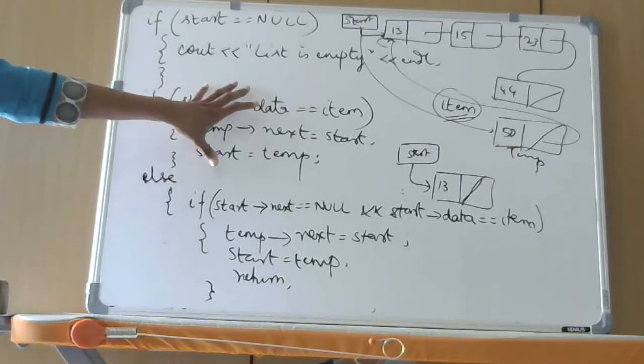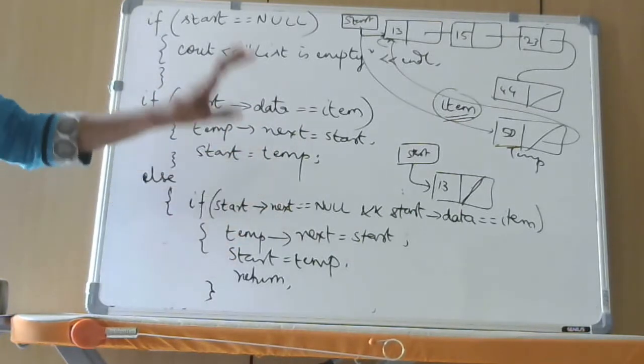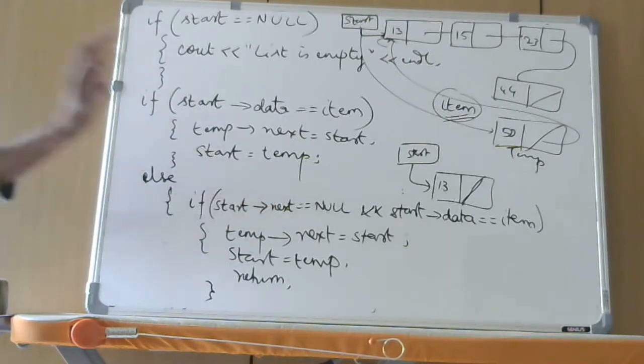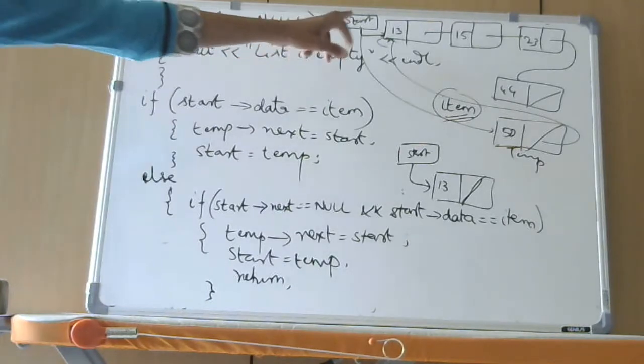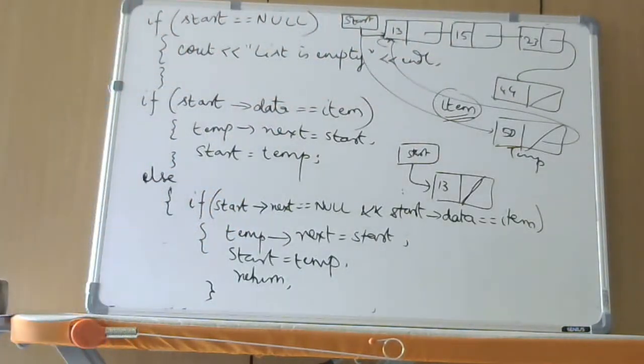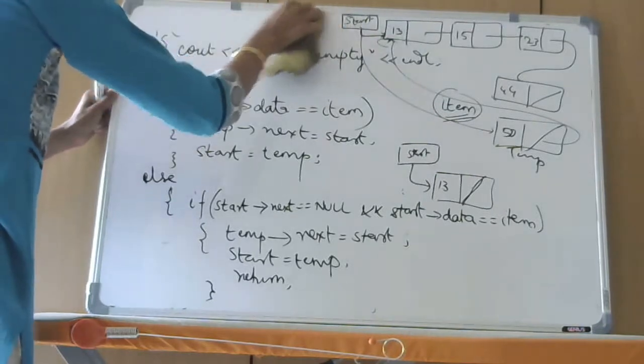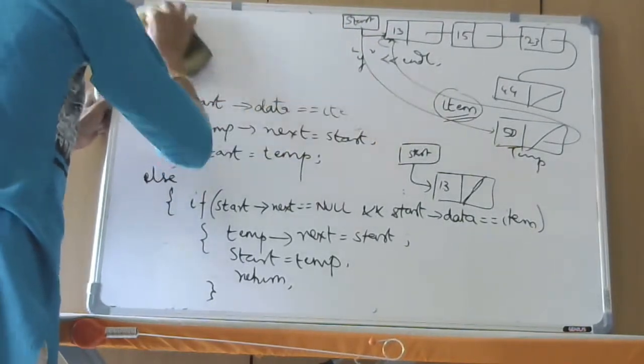Before the first element, but the first element is the only element, then this part will work. What else do you have to check? If you don't want to insert before the first element, let us say you want to insert before 23, then we have to write another code for this. Let me continue this code. So we have to see two cases in this.